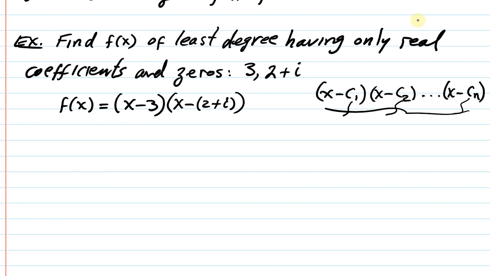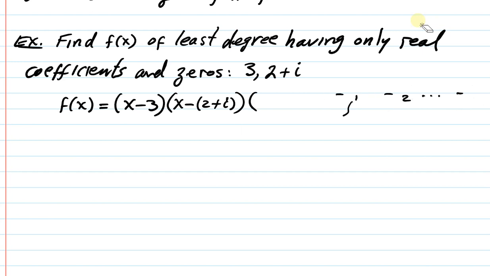Now, by the complex conjugate theorem, because this polynomial will have real coefficients, I know the other 0 of this polynomial is x minus the conjugate of 2 plus i, which is 2 minus i.